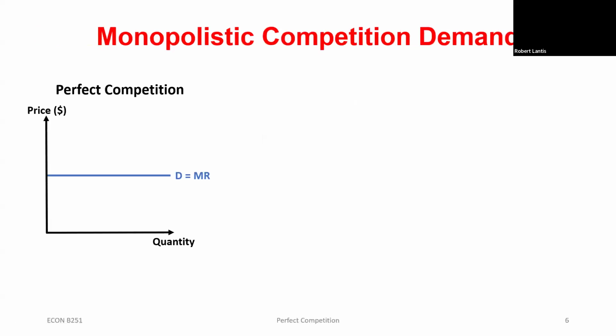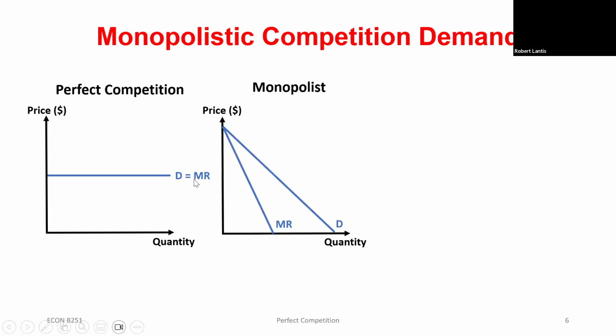But to start to think about the differences between these markets, the demand that a firm faced in a perfectly competitive market, we said, was horizontal. It's whatever that equilibrium price was, because as soon as I charge something different than the equilibrium price, what does my quantity demanded go to? Zero. Can't sell it. So we had this horizontal demand curve where the price was their marginal revenue.